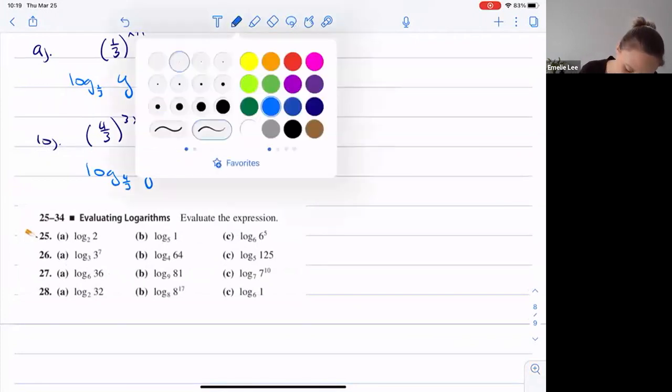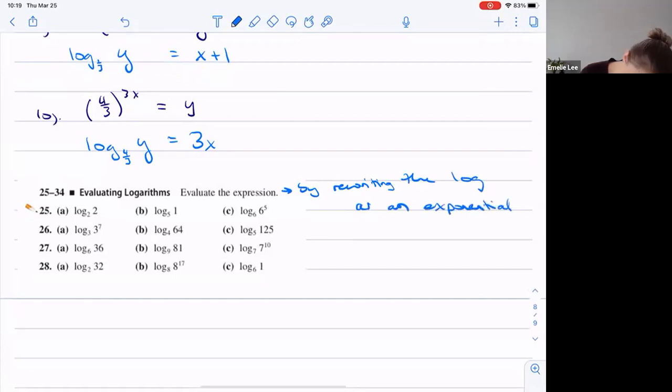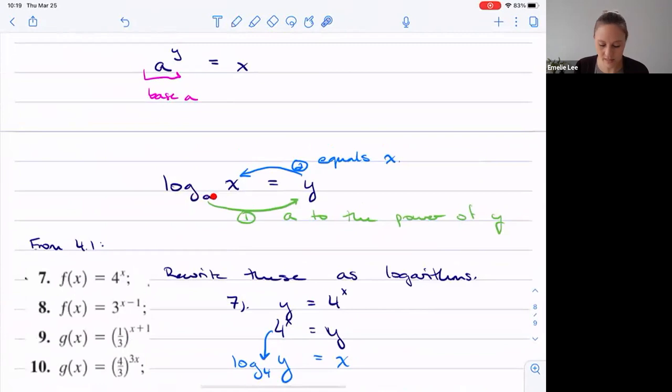Okay, so here I'm going to specify, evaluate the expression by rewriting the log as an exponential function, because that's going to be the easiest way to do this. So now we have something of this form: log base a of x equals y, and we want to solve for y, right?